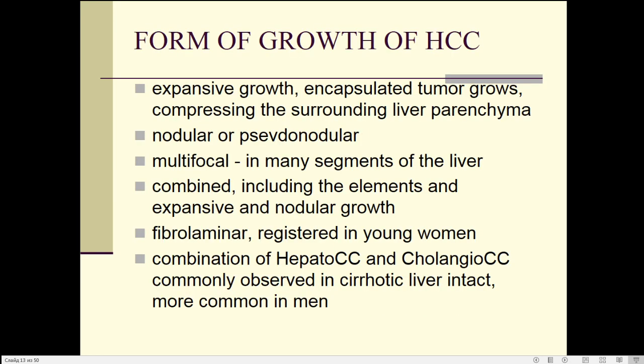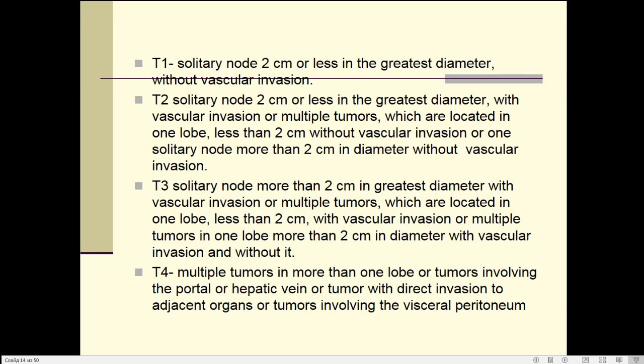TNM classification. T1, a solitary node, just one solitary node, 2 centimeters or less in greatest diameter without vascular invasion.